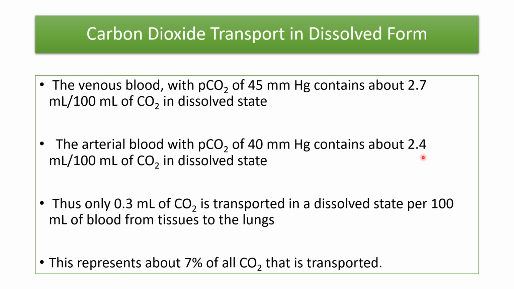So if you subtract 2.4 from 2.7, you will get 0.3 ml of carbon dioxide. Yes, only 0.3 ml of carbon dioxide is transported in a dissolved state per 100 ml of blood from tissues to the lungs. And this is about 7% of all the carbon dioxide that is transported in the blood.